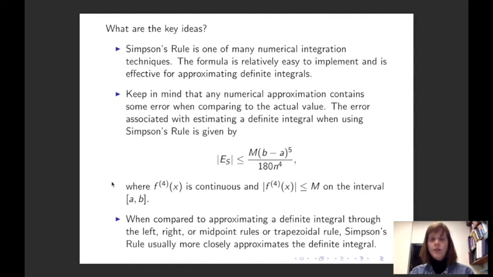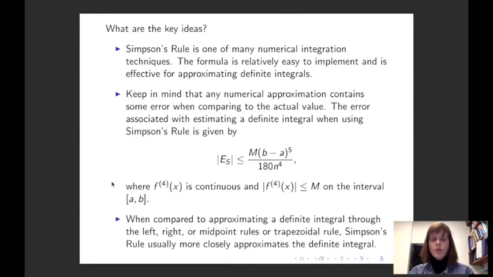The error associated with estimating a definite integral when using Simpson's rule is given by: the error in absolute value is less than or equal to M times the length of the interval, b minus a, to the 5th power, divided by 180 times n to the 4th power, where n is the number of subintervals.